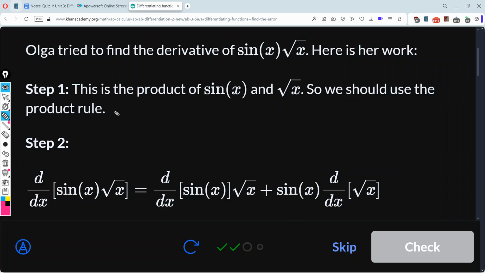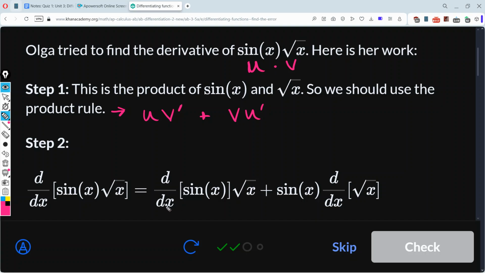If you remember the product rule, if you have your u times v and you take the derivative, it's going to be first times the derivative of the second. So that's u times v prime plus the second times the derivative of the first, v times u prime. Okay, is that what she did here? Well, you're adding here, so the order doesn't matter.